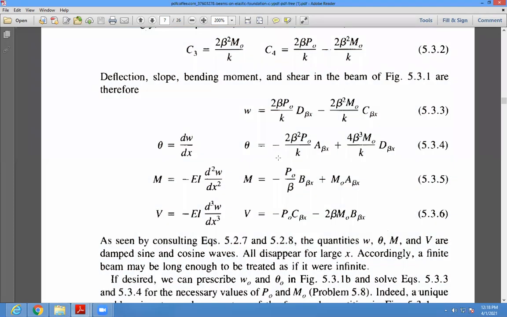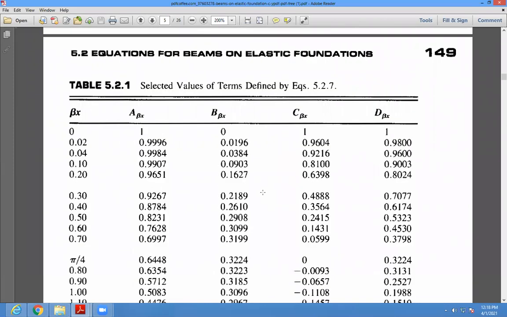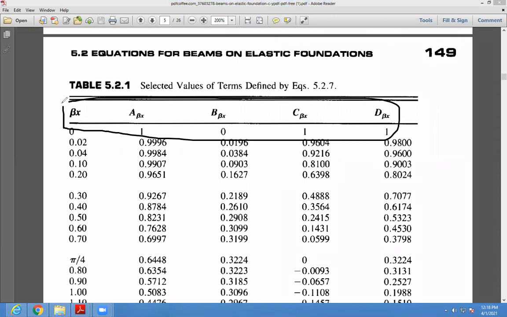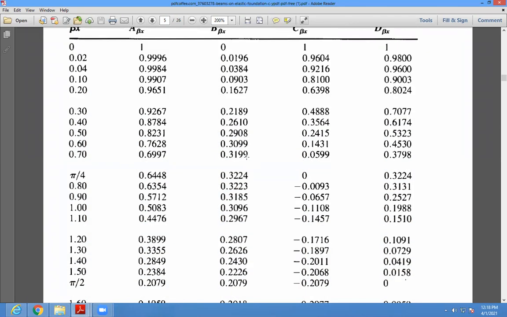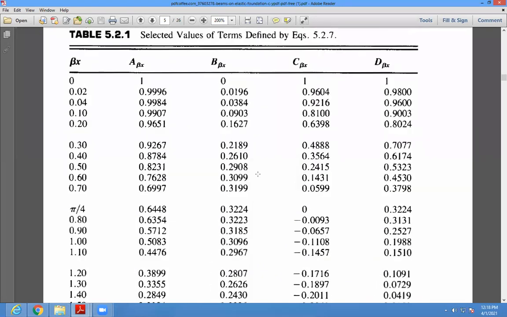Now for various values of beta x, these are the values which are given for A beta x, B beta x, C beta x and D beta x. This PDF I have already shared with you. If you consider the different values, at 0, A beta x is 1, B beta x 0, 1, 1.